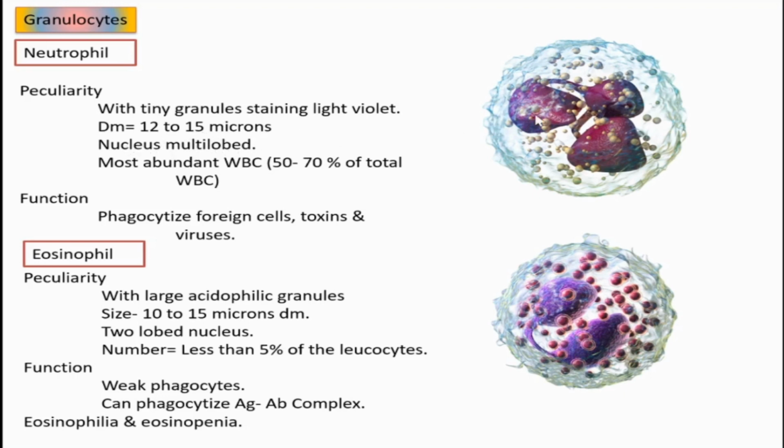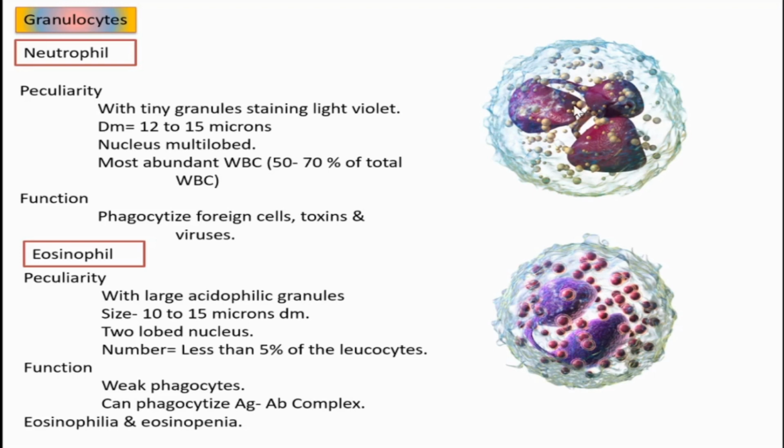Then the nucleus is multi-lobed. Minimum 3 lobes are present. 3 to how many is possible? Its number is not limited. If a WBC has 3 lobes, very easily we can recognize it as a neutrophil.